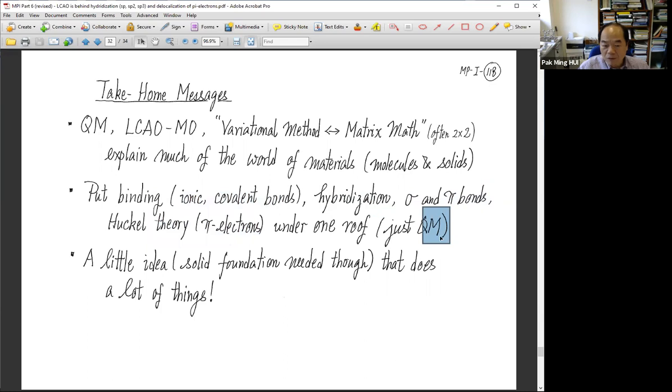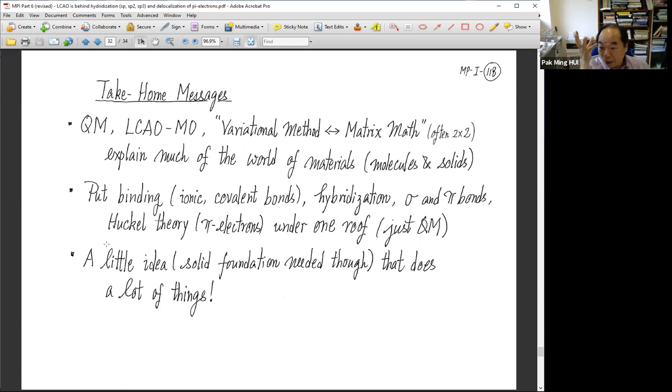And that's rather profound. And then the whole idea, I think the whole point of my course here, is that a little idea, not much. You don't need to learn one thing to explain one scenario. Only a little idea, but you need a solid understanding of it, and you can do a lot of things.